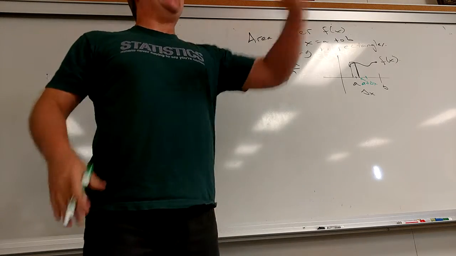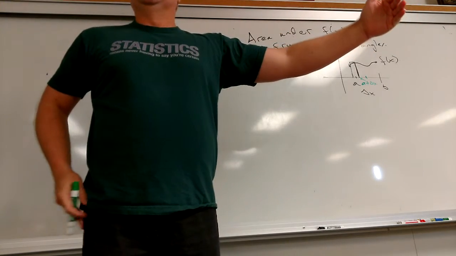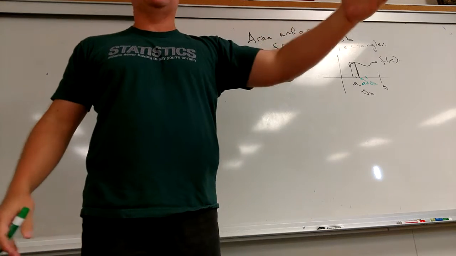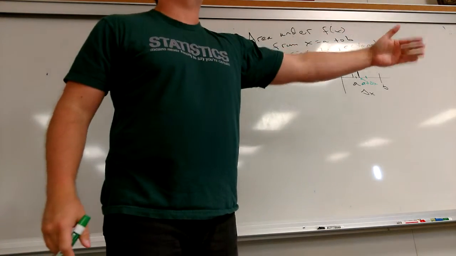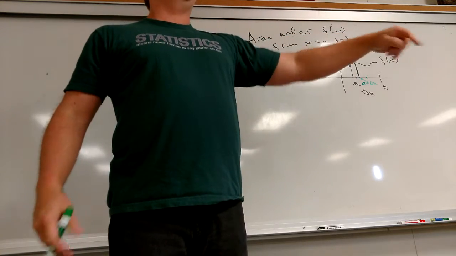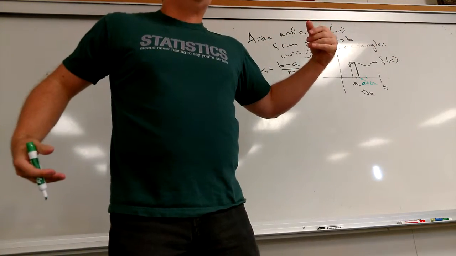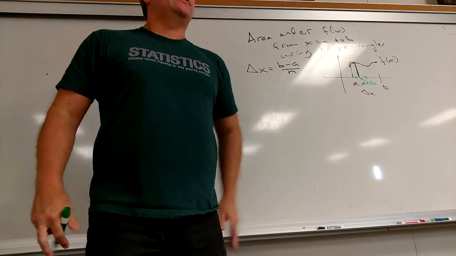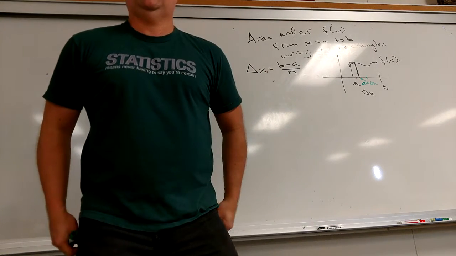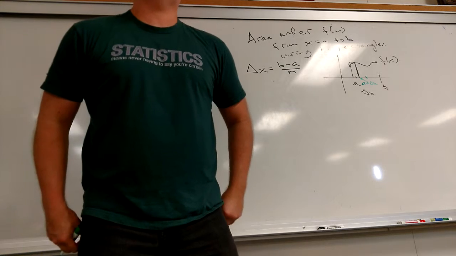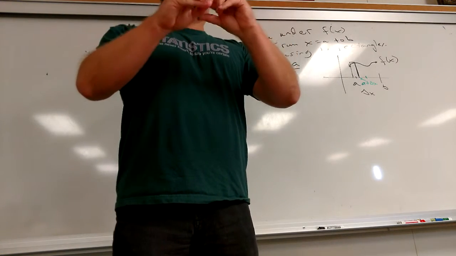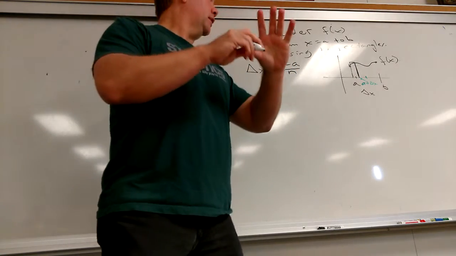What about for the ith rectangle? If the first one's A plus 1 delta x and the second one's A plus 2 delta x, where is the ith rectangle? A plus i delta x. This is a process that should feel very familiar about how to construct the general way to represent something. Okay, I like it.